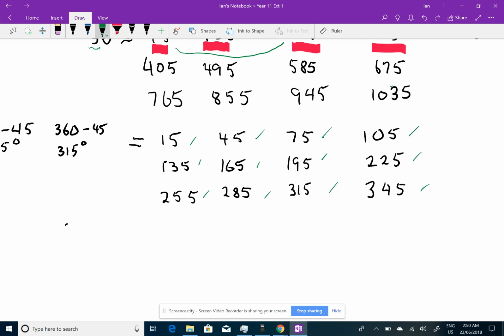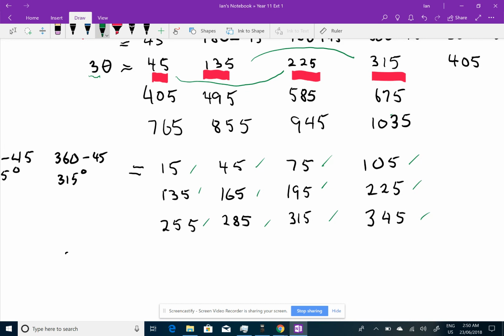Because I get 4 answers from 0 to 360, plus another 4 from 360 to 720, plus another 4 from 720 to 1080. And they all fit the domain because I have to go that far, because in the end I'm going to divide by this 3. Imagine if it was 4.